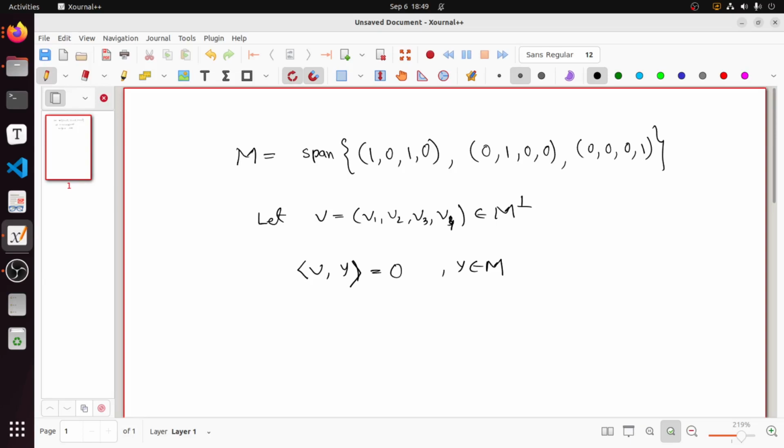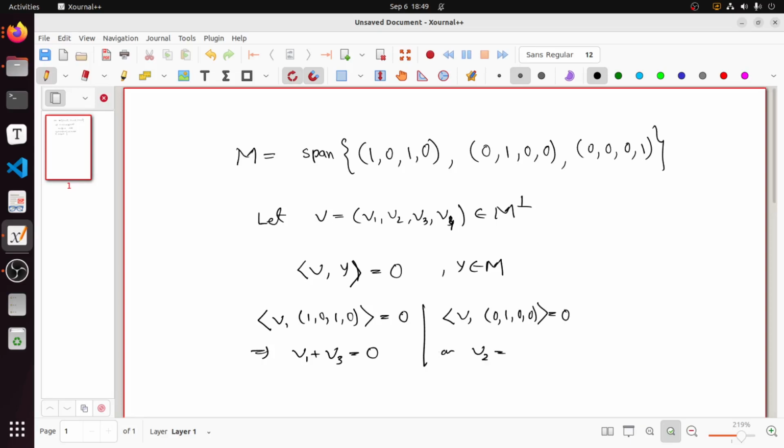First, B inner product with 1 0 1 0 gives b1 plus b3 is 0. Next, B inner product with 0 1 0 0 gives b2 equals 0. The last one, B inner product 0 0 0 1 equals 0, so b4 equals 0.